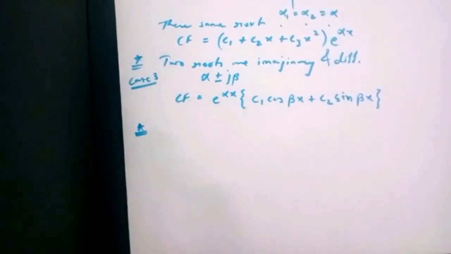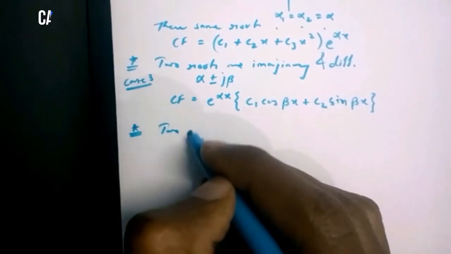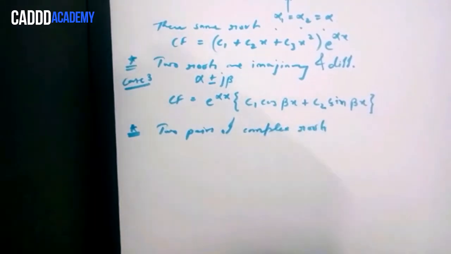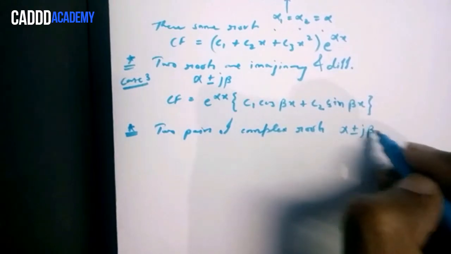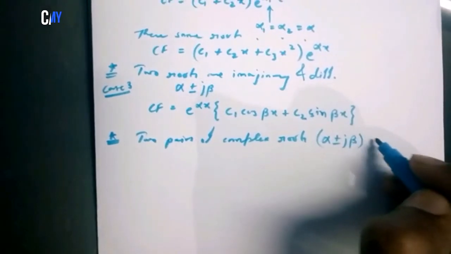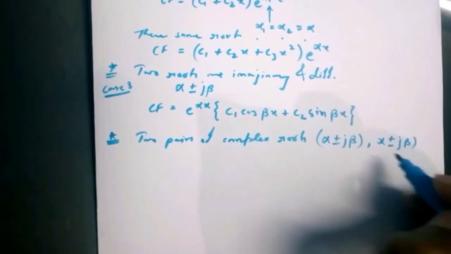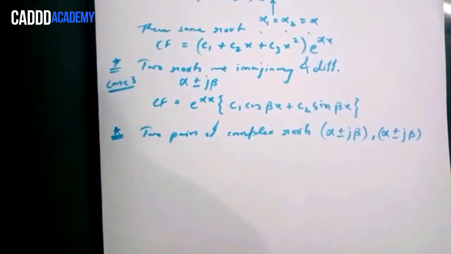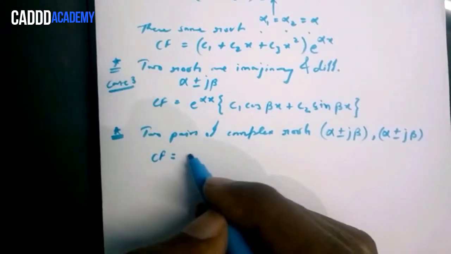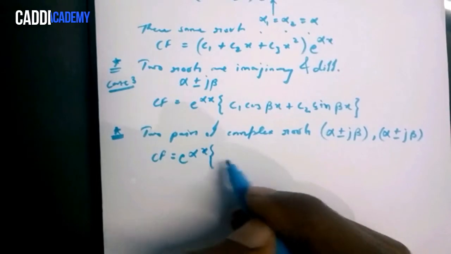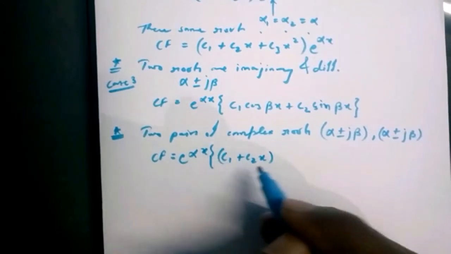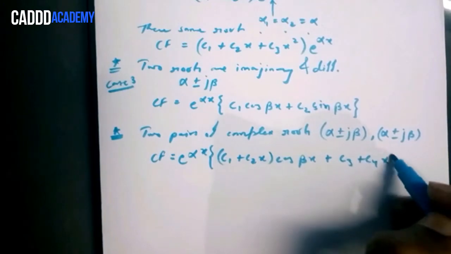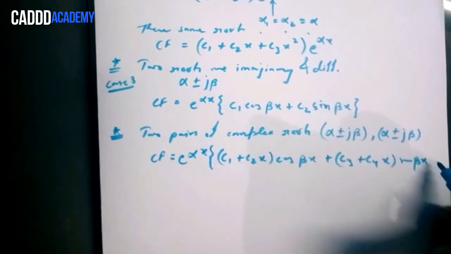At the same time, when we have two pairs of complex roots, alpha plus minus j beta and the same thing again, alpha plus minus j beta, so when we have two equal pairs of imaginary roots, then the complementary factor is e to the power alpha x into (C1 plus C2 x) cos beta x plus (C3 plus C4 x) sine beta x.